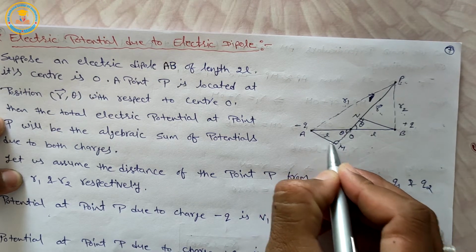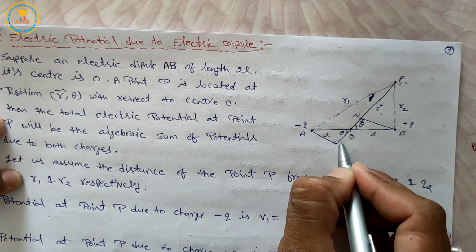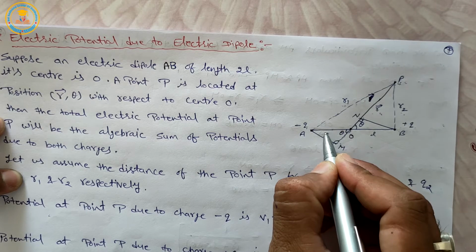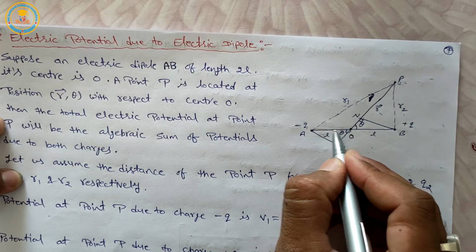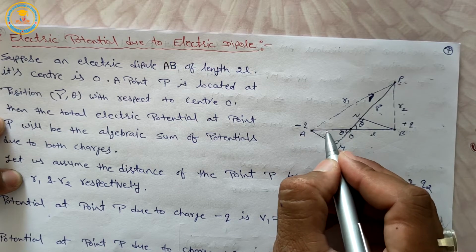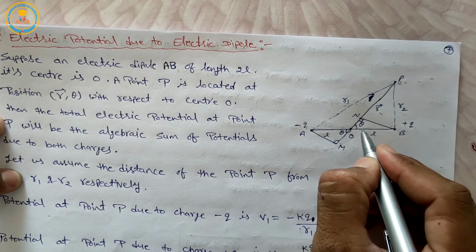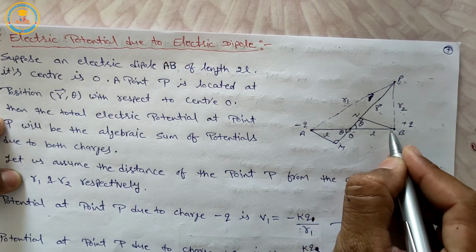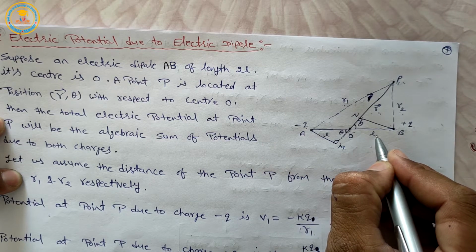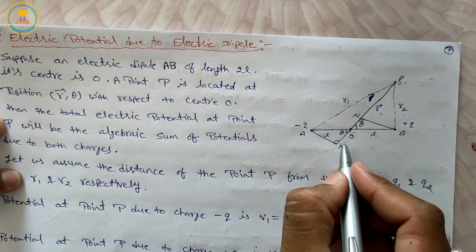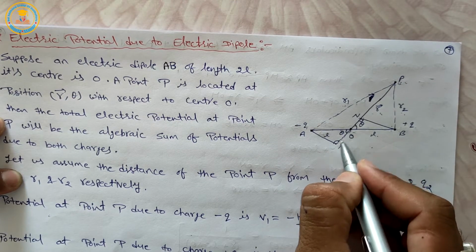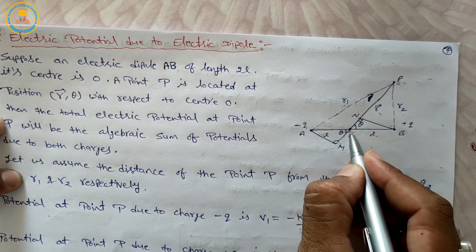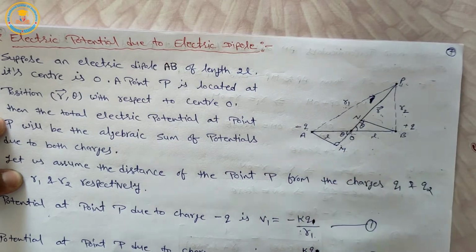In this triangle, OM is the base, and the hypotenuse is OA, which is L. In this triangle, ON is also the base, and the hypotenuse OB is equal to L. So cos theta, we know that cos theta is equal to base upon hypotenuse, means base OM upon hypotenuse AO. Similarly in this triangle.